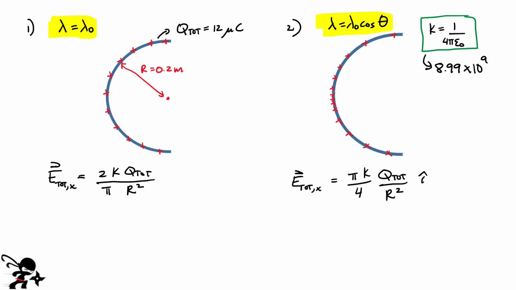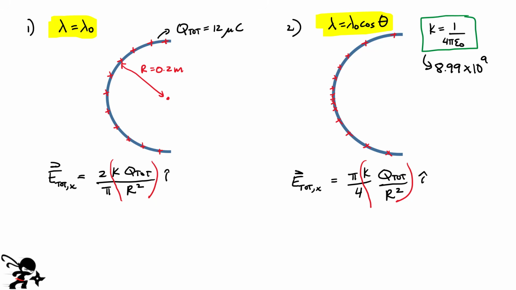One thing I want to point out here: I have both results, the uniform charge distribution and the non-uniform case. These are the results we got in terms of some of the parameters, the total charge on each semicircular ring. In both cases, we have this kQ over r squared. This one also has a kQ over r squared. I forgot the direction here.